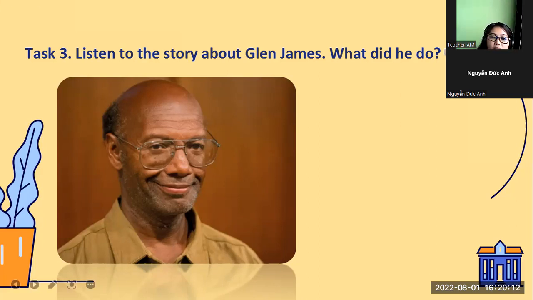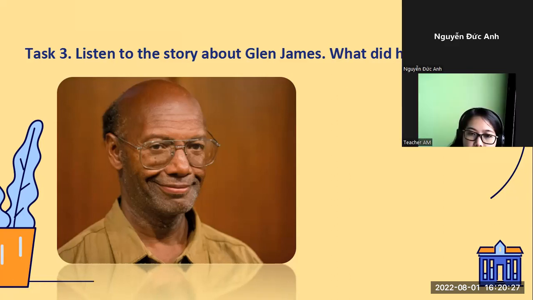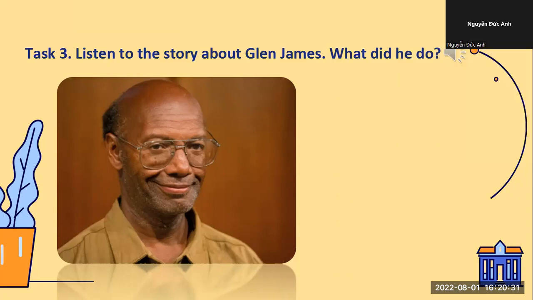Okay, so do you want to listen again, Anne? What did Glenn James do? Do you want to listen again? No, I don't want to listen. Okay. So what's your answer?